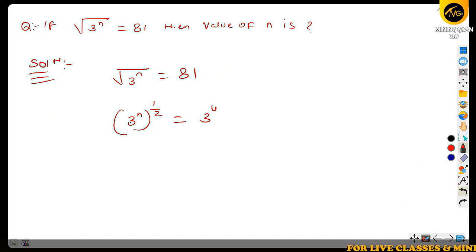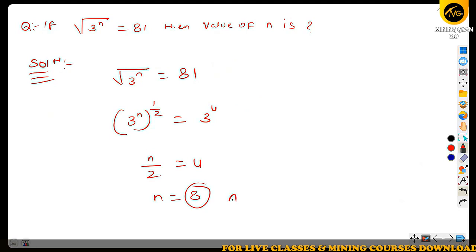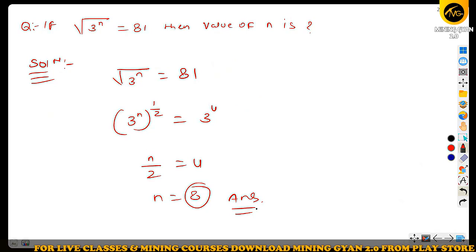That means the bases are the same in this case. Now n divided by 2 is equal to 4. So n is equal to 8. Correct. 8 is the correct answer. The value of n is 8. Just break down 81 in the form of 3, that is 3 power 4.